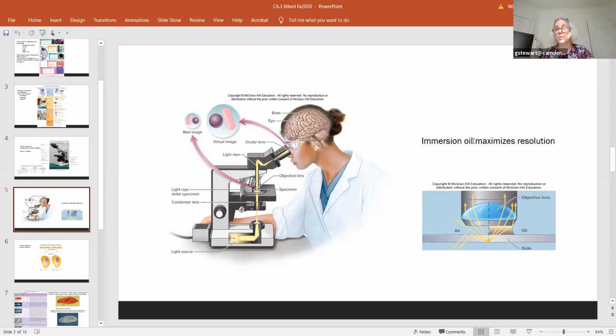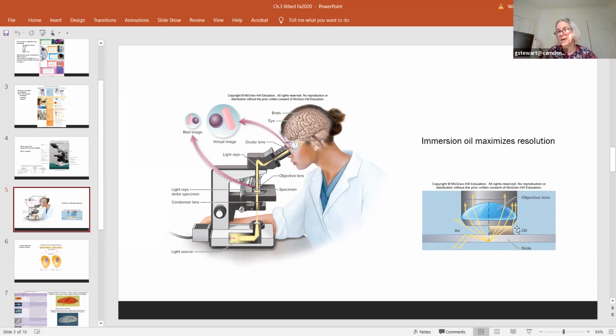The procedure to use it is usually referred to as oil immersion technique or using the oil immersion lens. And it is only for the 100 or 200x objective. What you do is you place a tiny drop of this very viscous oil on your slide before you slide that 100 or 200x objective into place, and it fills the gap.